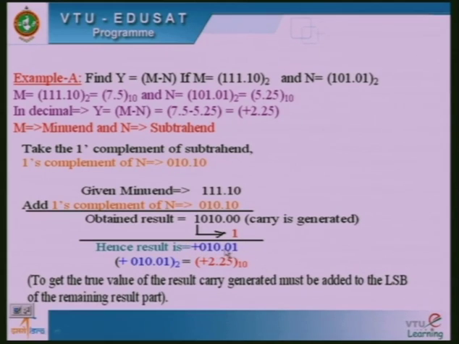So if we look at the result here, it is 010.01. This is the result, and along with the positive sign, 010.01 base 2 is equal to plus 2.25, because 01 gives the value: this is 2 to the power minus 2, and this is 0 into 2 to the power minus 1, which becomes 0. So 1 into 2 to the power minus 2 becomes 1 divided by 2 squared, that is 1 divided by 4.